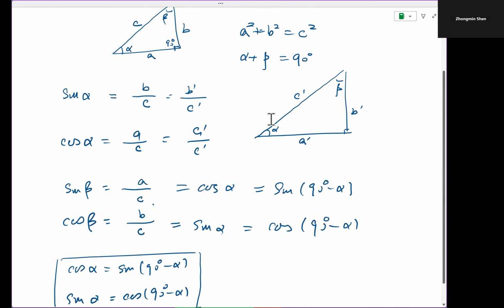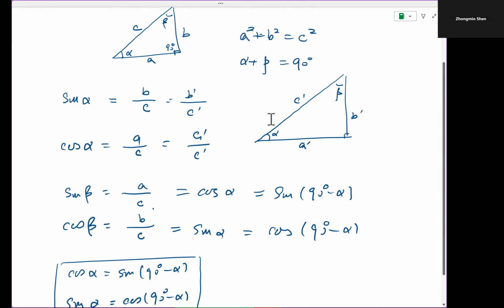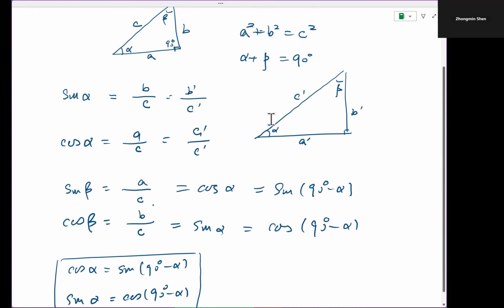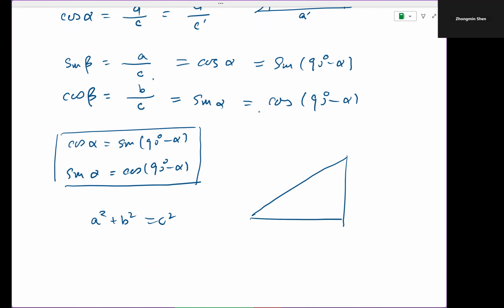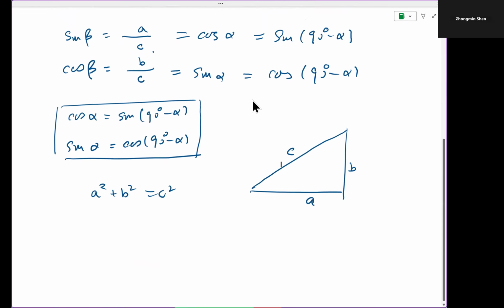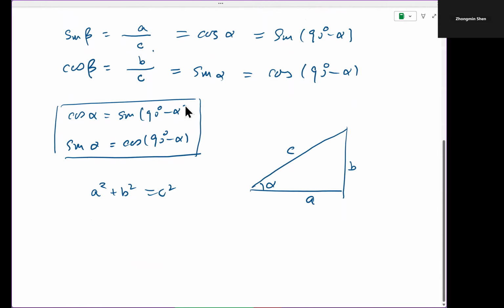Now, as a mathematician, what else can you get? We look at the Pythagorean theorem. Remember, A squared plus B squared equals C squared. Let's go back to this triangle. This is B, this is A, this is C, that's alpha.